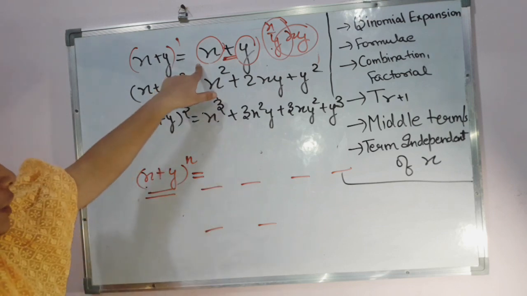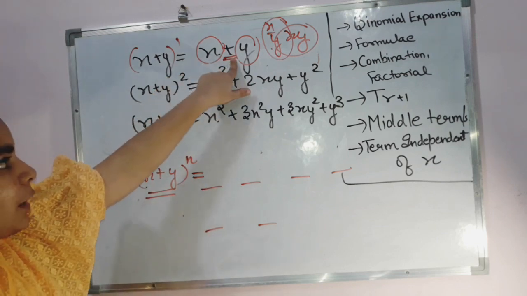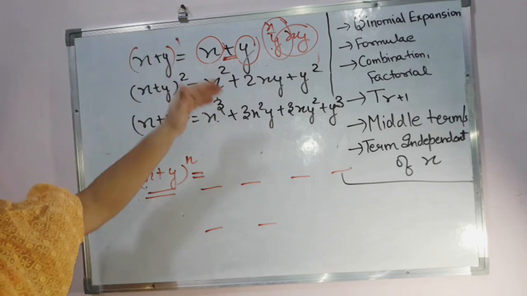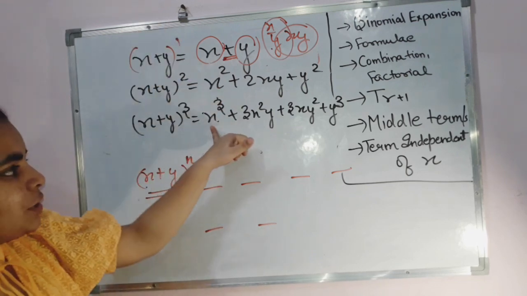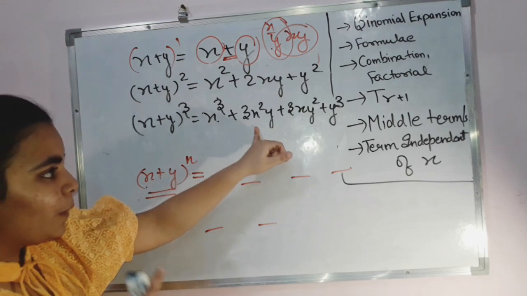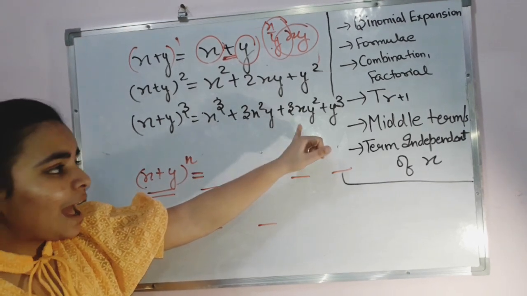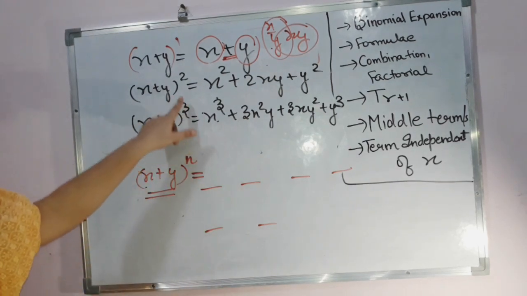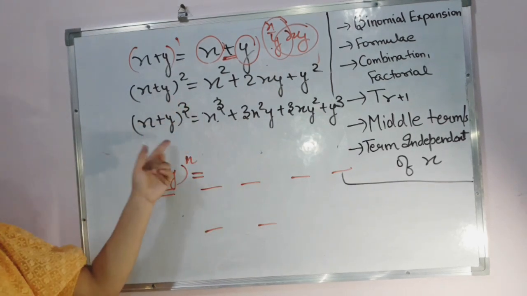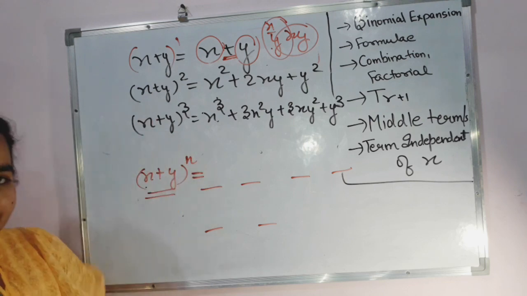And y, if you see, it is following the opposite order. That means y raised to the power 0 and y raised to the power 1. A similar trend will be followed here. So in this you can see y raised to the power 0, y raised to the power 1, y raised to the power 2, and finally you are getting y raised to the power 3. That means the power 3 to which this binomial was raised. Are we getting it?